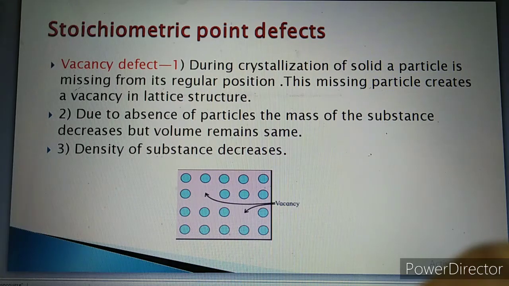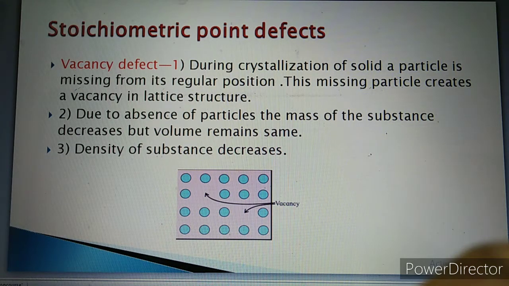As a particle is missing, due to the absence of the particle, the mass of the substance decreases, but the volume remains the same. As density is equal to mass upon volume, density is directly proportional to the mass of the substance and inversely proportional to the volume. So, due to the absence of the particle, the mass decreases and the density of the substance decreases, but the volume remains the same.